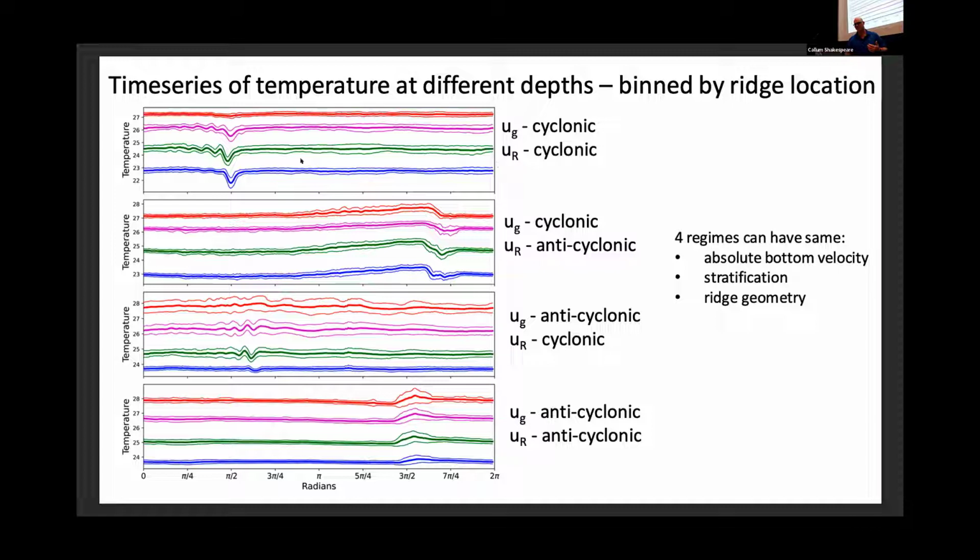This was the one you were looking at just before, where the ridge is here and these are lee waves. What this figure is showing is that the direction of the ridge and the direction of the geostrophic velocity make a difference to the characteristic structure of these lee waves.